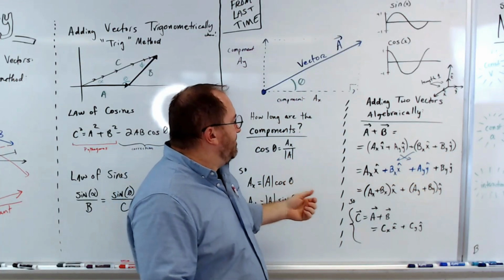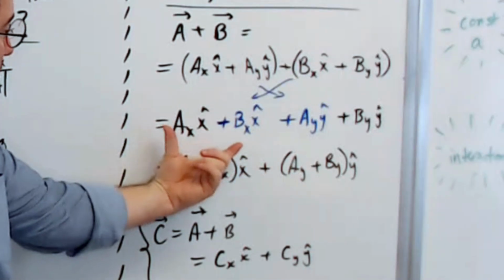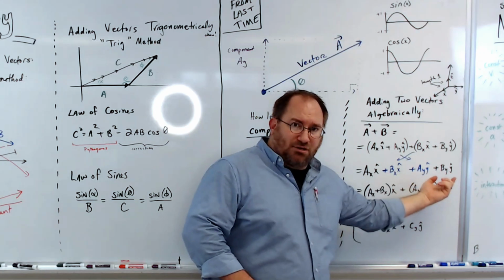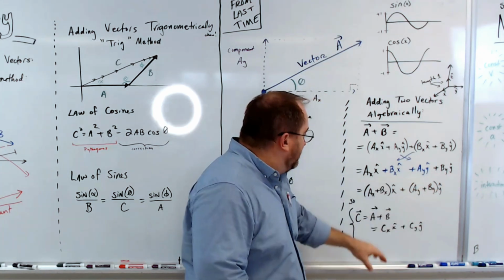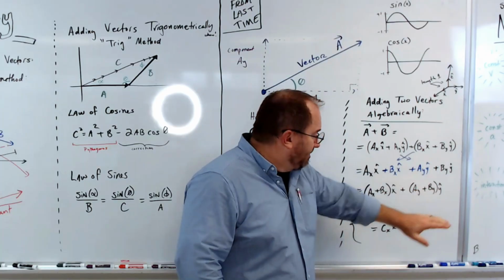And in order to add these up, we simply need to rearrange the order and get all the x hat direction going all together, all the y hat direction going in the same spot, and then we can group them up. We say ax plus bx in the x hat, and so on.